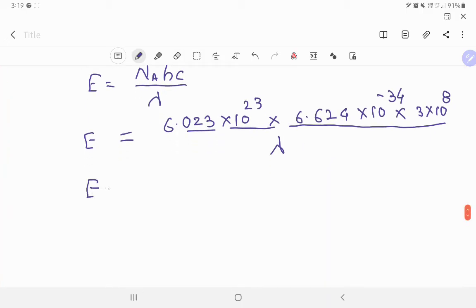If we do the calculations, the value will be 1.1962 into 10 raised to 8 divided by lambda in nanometer.